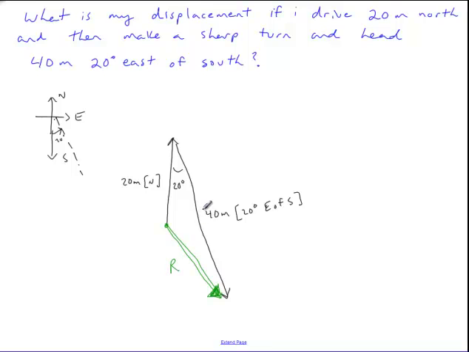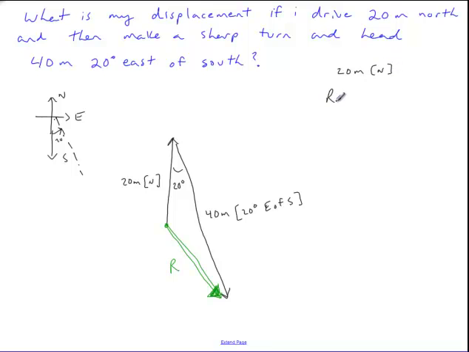Notice this triangle isn't the same as the last one. But we can still follow the same steps. So, same steps. The first one is we want to take our 20 meter vector, this guy right here, and break it into components.